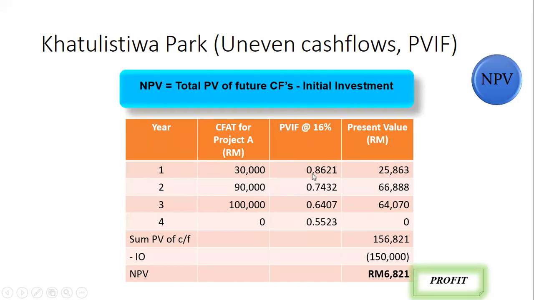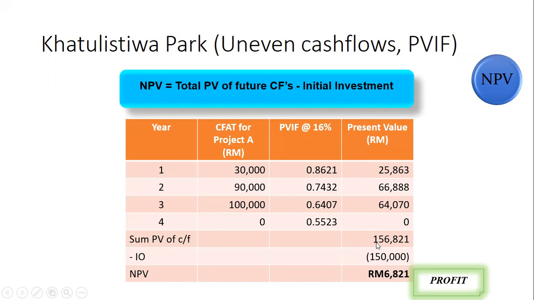And we see here the interest factor, we have to write one by one for all the years incurred. All right, then we use the interest factor that we got from the table times the cash flow, and we get the present value for each year. Then we sum up all the PVs for each year, and we get the sum PV of cash flows, the sum present value of cash flows.